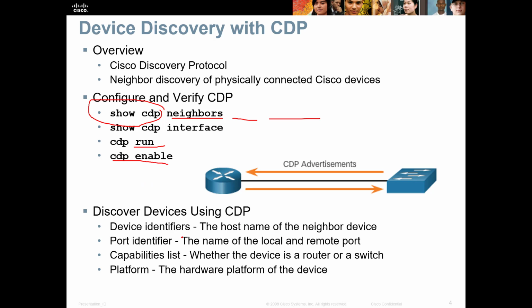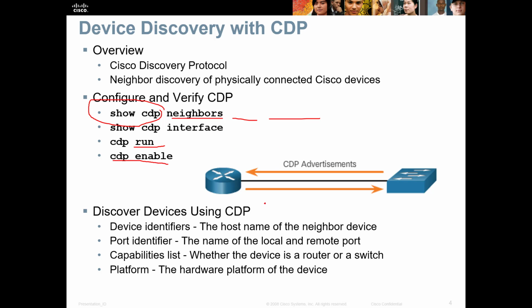So what does it do? When you use device discovery, you're going to get this kind of information back. What are the identifiers, the port identifiers, devices, details about the device, what IOS is it running, and so forth. The capabilities list, if you need to know that from some admin point of view, and the platform, okay?